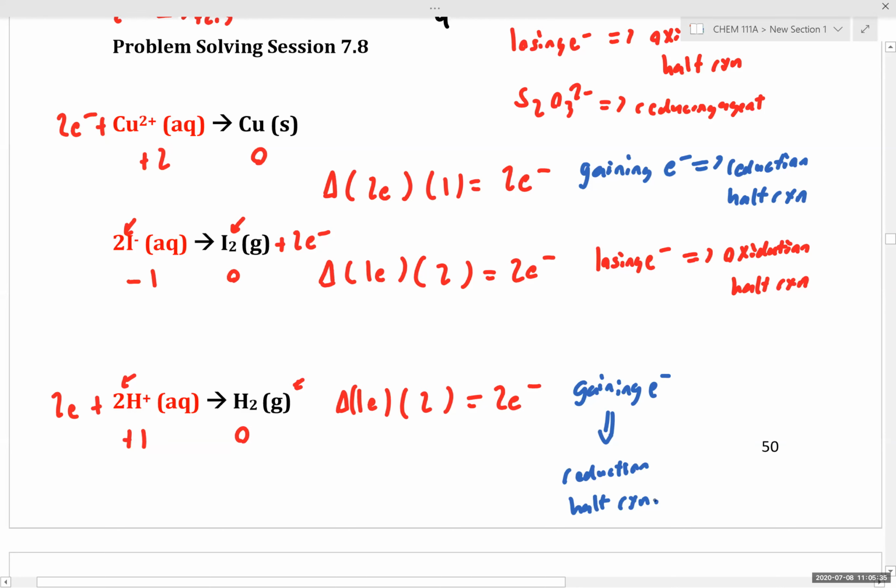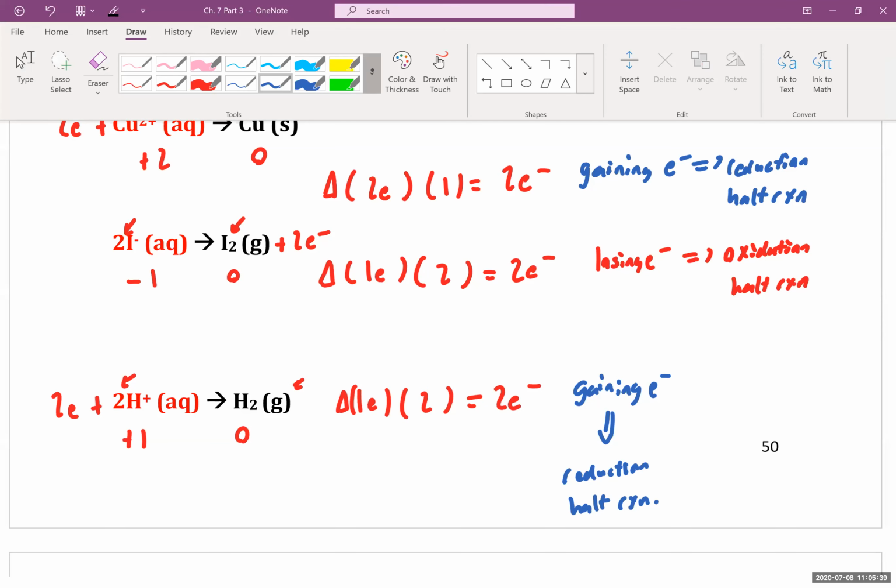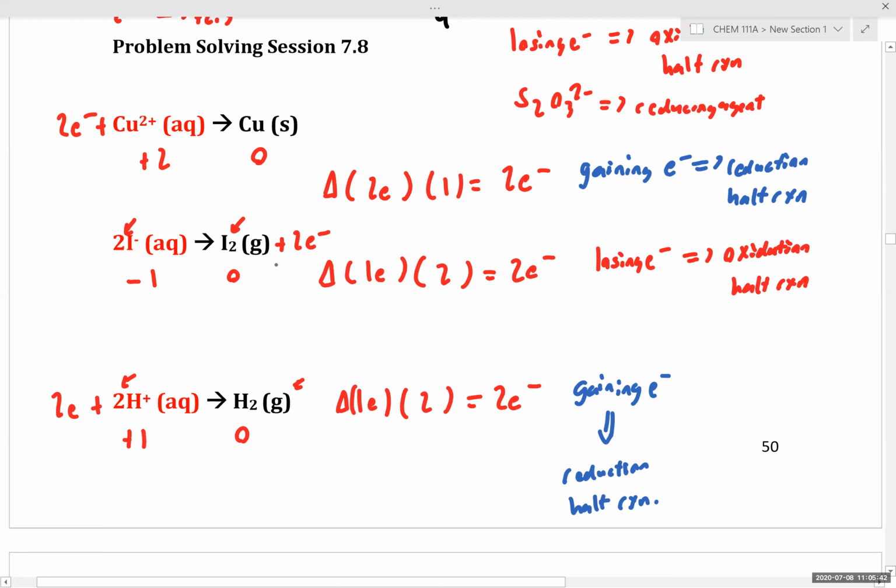Does this example make sense to everyone so far? Any questions so far? When you say difference, is it because you're subtracting those two numbers? Yes. I'm taking the difference between my final and initial oxidation number. And the difference in oxidation number determines the number of electrons gained or lost for an individual atom.